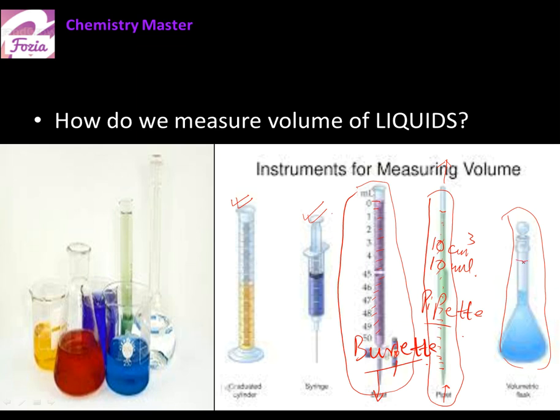Once again, these flasks are marked with lines on them. They are of different capacities, sometimes 25 cm cubed, 50 cm cubed, 500 cm cubed, or maybe 1000 cm cubed. These volumetric flasks are often used in making solutions of known concentration. You will study about this later on.